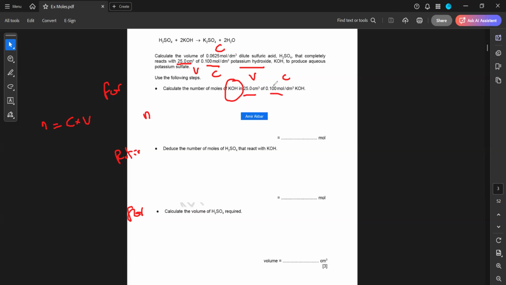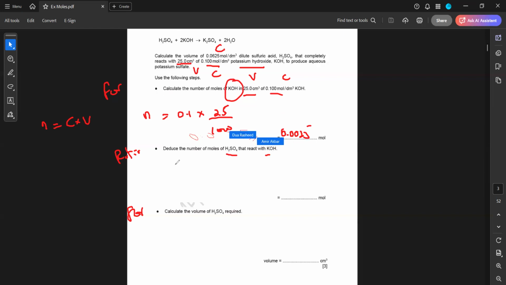What is the concentration? The concentration is 0.1 and the volume is 25, but that is in cm cube. Volume should always be in decimeter cube, so divided by 1000. So we get 0.0025. These are the moles. Deduce the number of moles of sulfuric acid. So how do we get the moles of sulfuric acid?